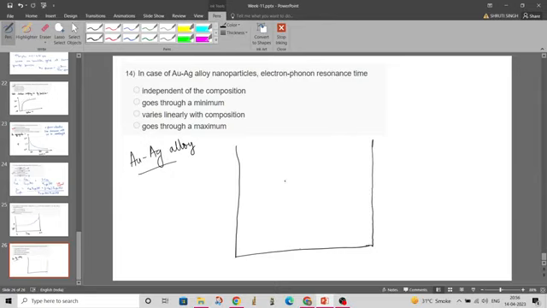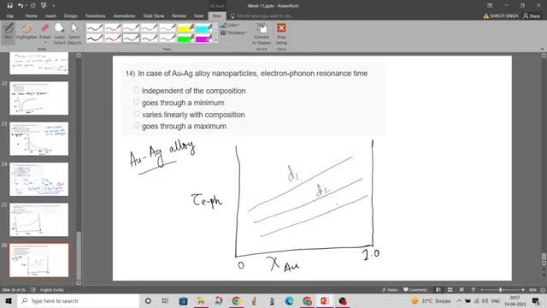So for different sizes, the graph is here, let me write. This is electron phonon and this is the composition starting from 0 to 1. Okay, so for different diameters the graph is like this, like D1, D2, D3. For different diameters the graph is linear.